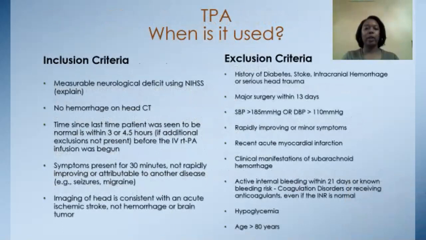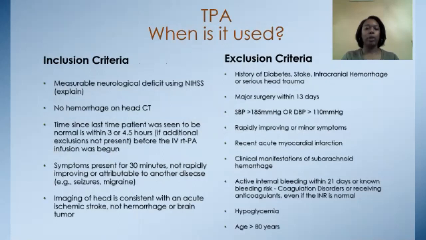Inclusion criteria includes a measurable neurological deficit, and you can use several different neurological tools. Your textbook mentions an IHSS tool, but your facility may have a different tool in place.